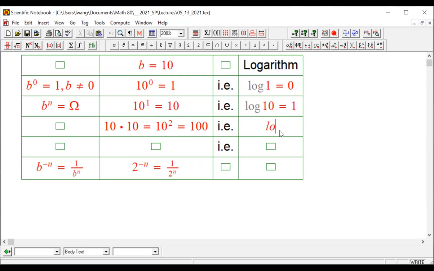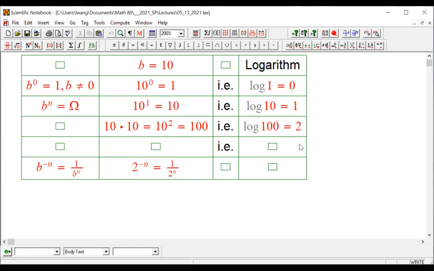And that is the log of 100 equals 2. You follow me? This is 2 power, base 10 here. By default the base is 10. So 2 power 10 is 100. Do you follow me?